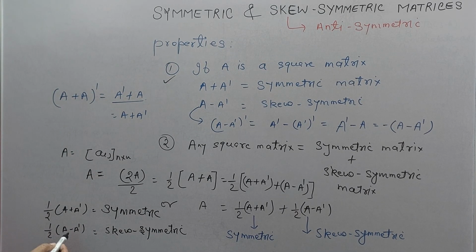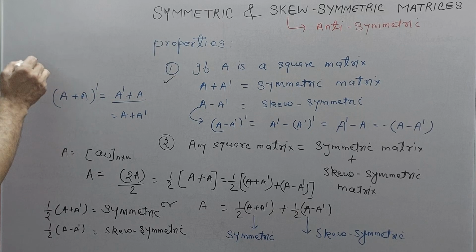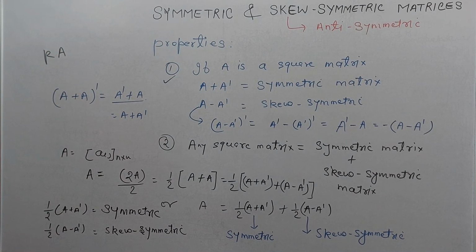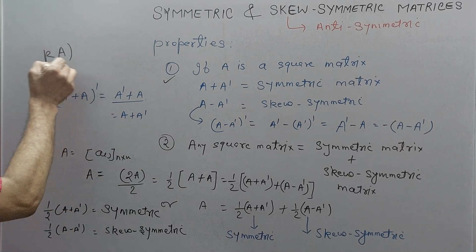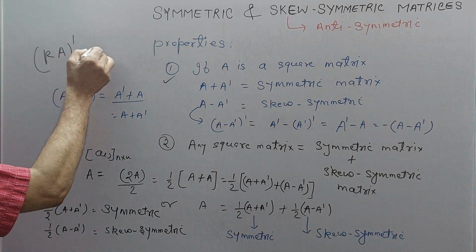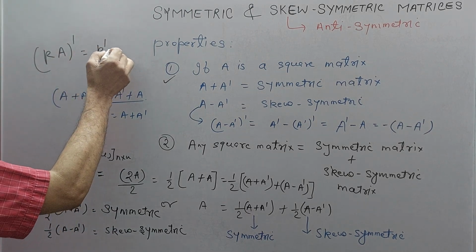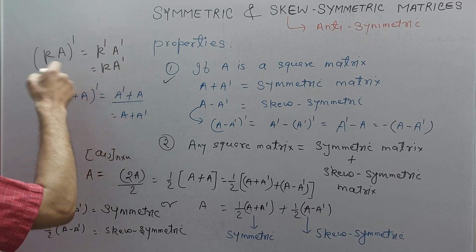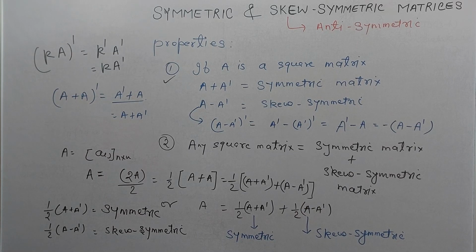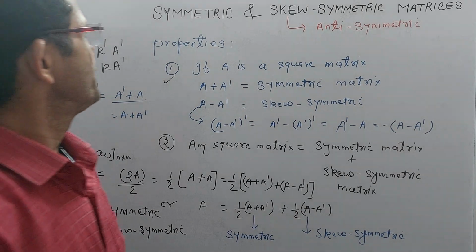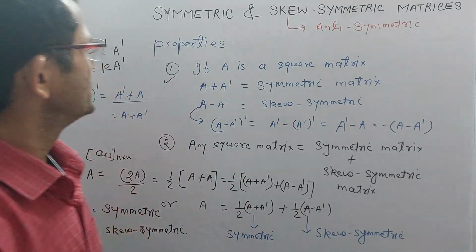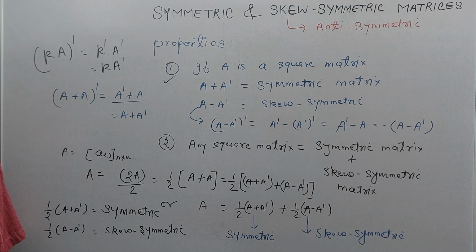Half is a scalar, and it doesn't matter because in the properties we did earlier, if matrix A is multiplied with a scalar K and I take the transpose, K is a real number, so K transpose will be K. There is no effect on taking the transpose of any scalar. So these are very important properties under symmetric and skew symmetric matrices, and let us do some numericals on these properties.